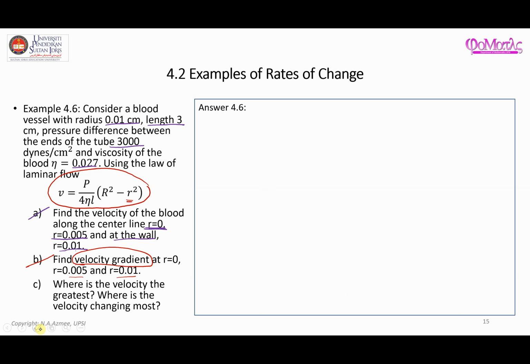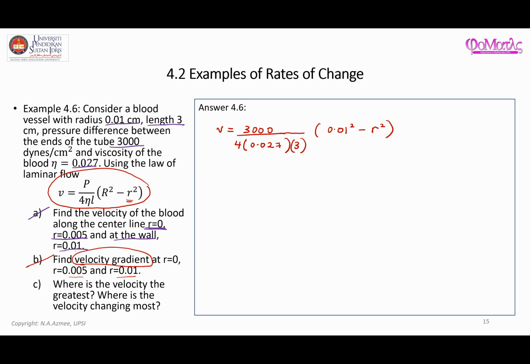All right, next. Okay, second question. Find velocity gradient. So now I'm going to write down again. The equation is 3000 over 4 times 0.027 times 3, and then I have 0.01 squared minus r squared.